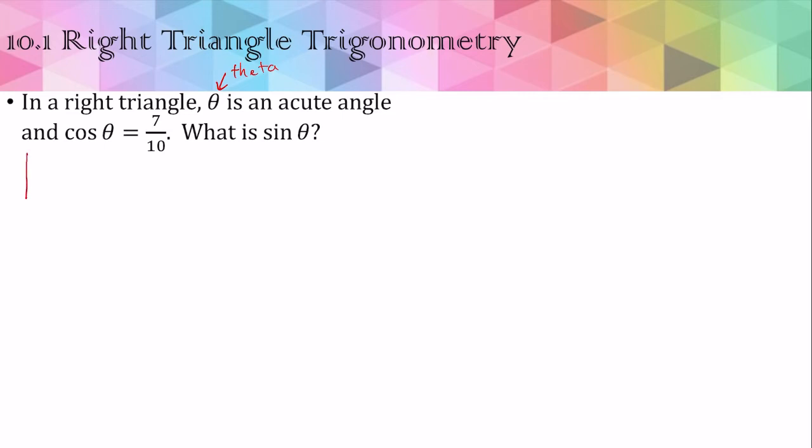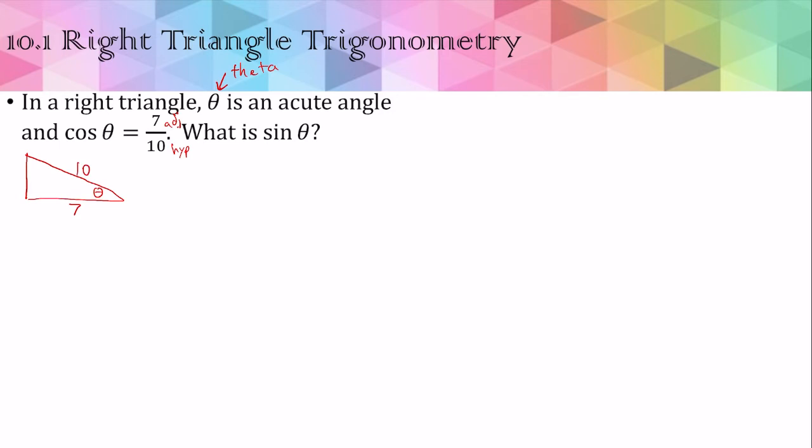Well, we could draw a right triangle and pick one of the angles for theta. Cosine is adjacent over hypotenuse. So the adjacent here is 7 and the hypotenuse is 10.